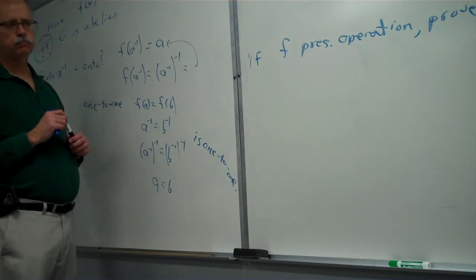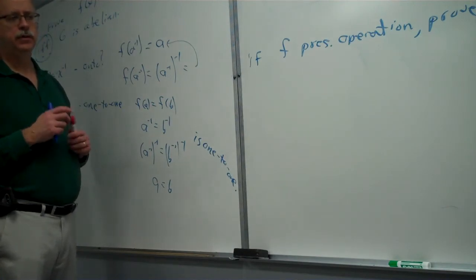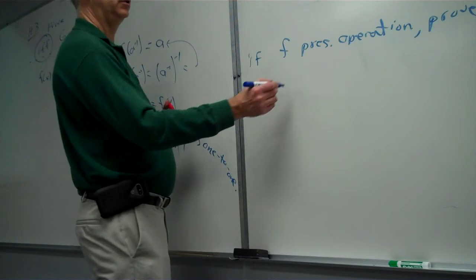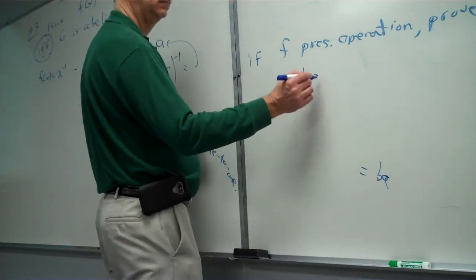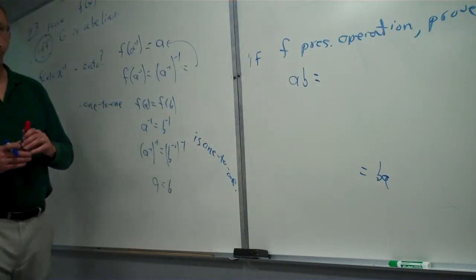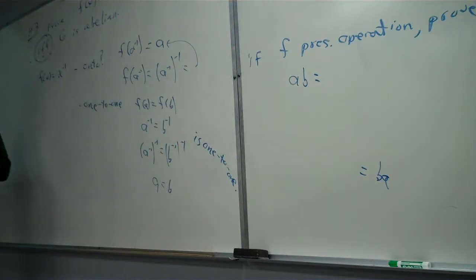Okay. Well, now we need to prove that G is abelian. So we need to prove that AB equals BA. Well, we know F preserves the operation, so somehow we've got to get F in there.